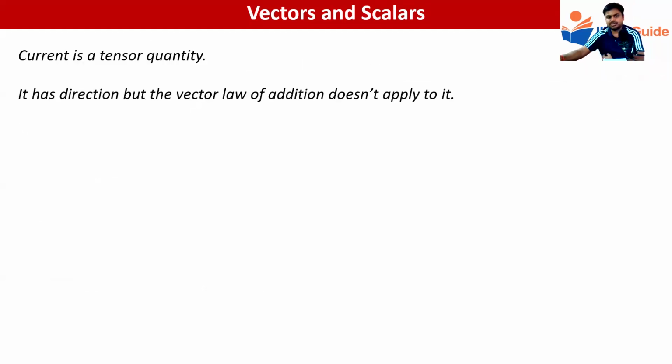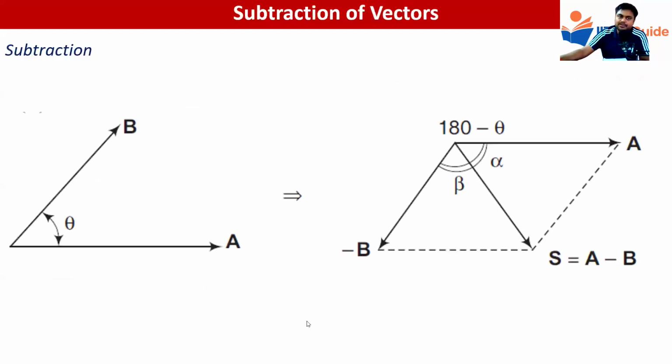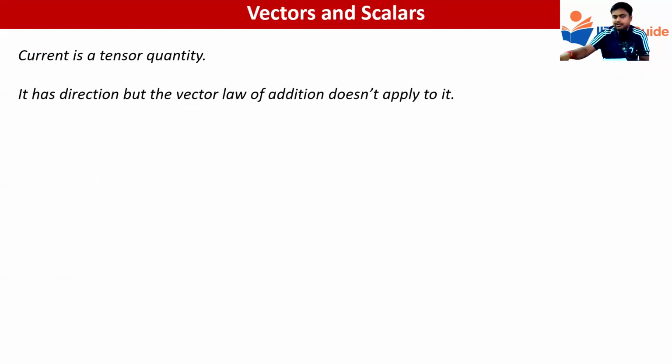Okay, now just to mention here, current is a tensor quantity. It has direction, but the vector law of addition doesn't apply to it. Why? Because imagine the current which is entering here is 3 ampere, 4 ampere. The current which comes out of it, so we have read Kirchhoff's junction law.